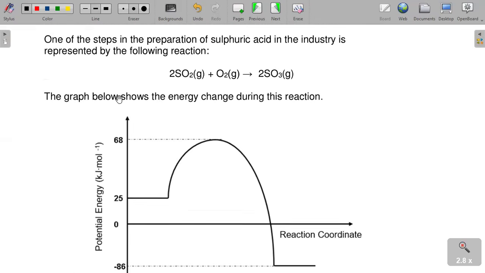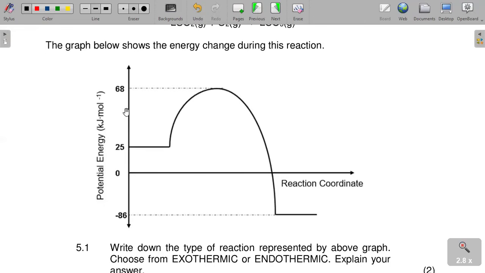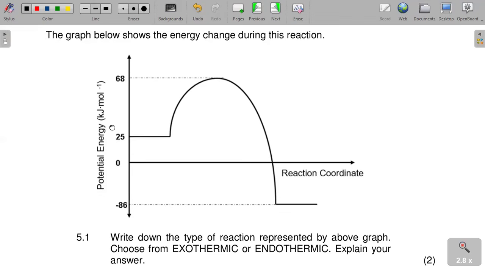We see here the potential energy, measured in kilojoules per mole, and the reaction coordinate.